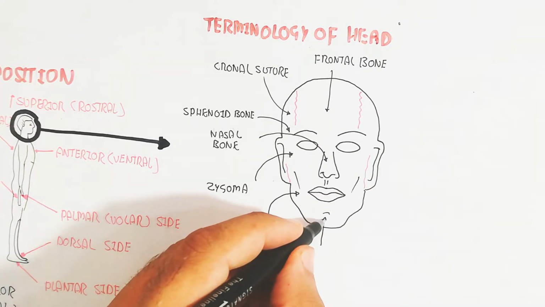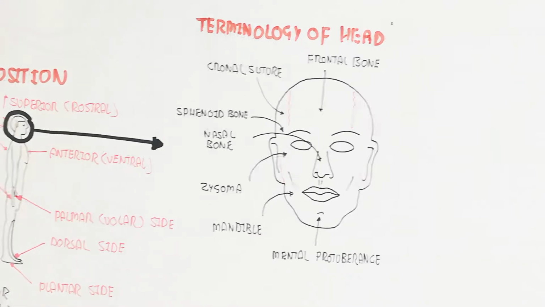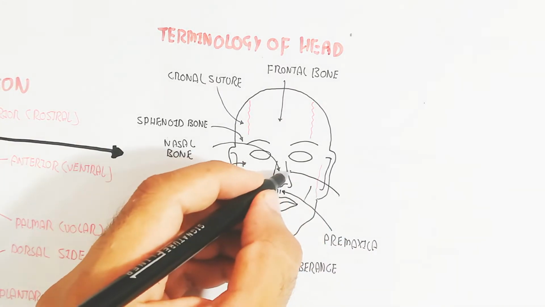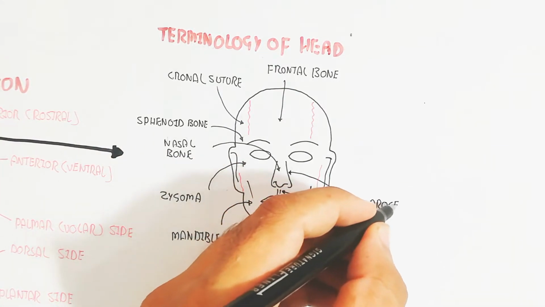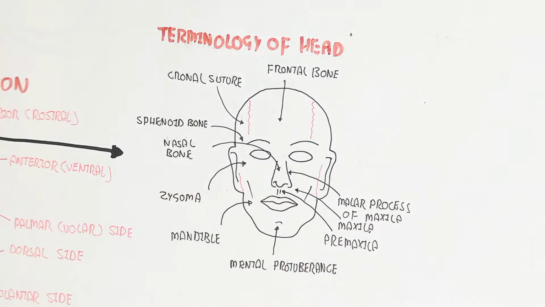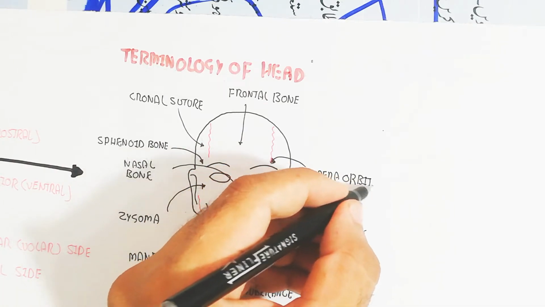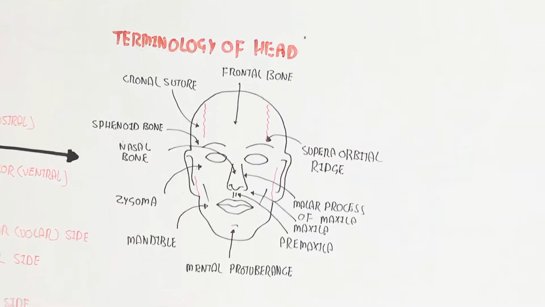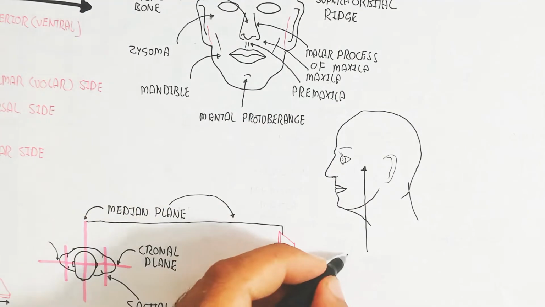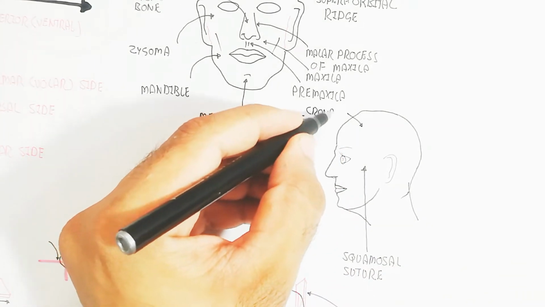This shows the position of the face, and this is the mental protuberance, the premaxilla, the malar process of the maxilla, and the maxilla. This is the superior orbital ridge.